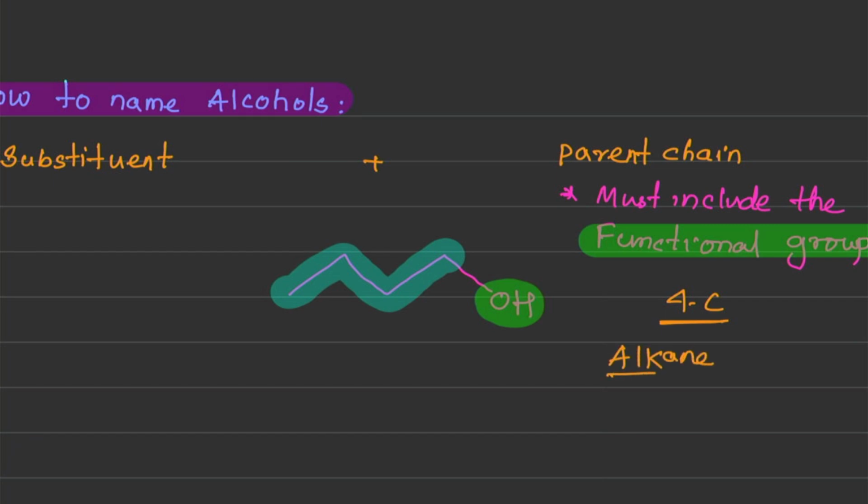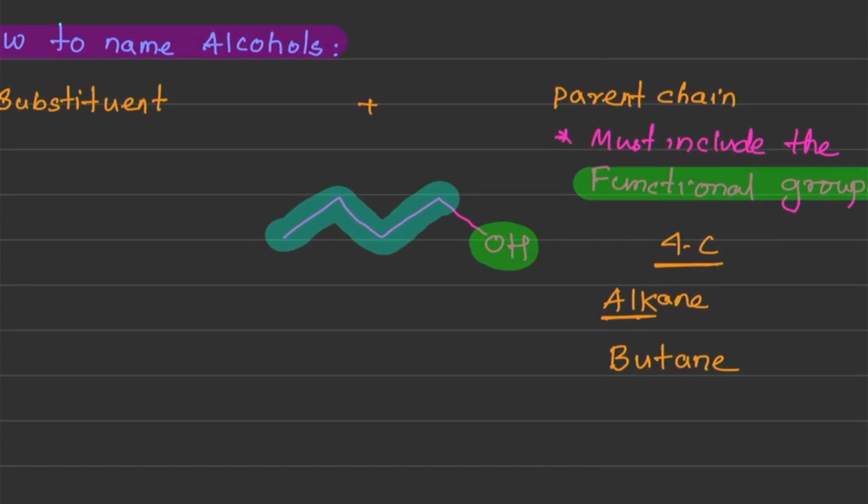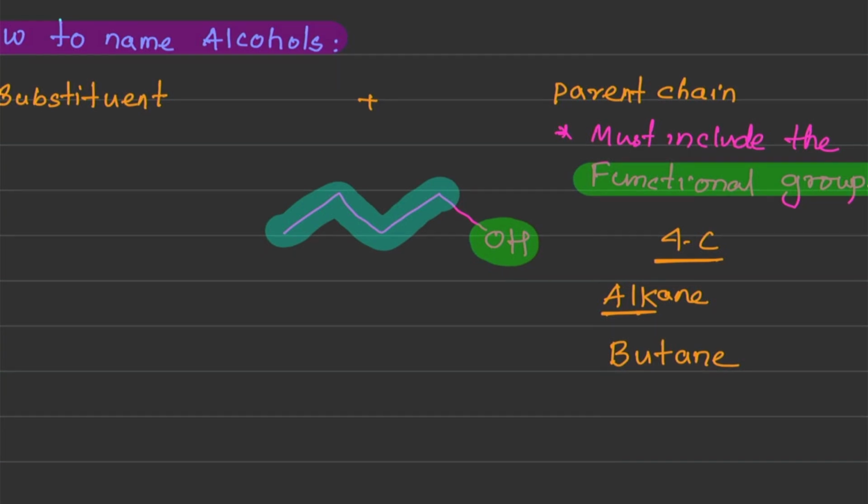If you have 4, the alk portion would be replaced by but, so it's going to be called butane. So when you have 4, that's but. So butane. We got our parent alkane chain, which is butane.